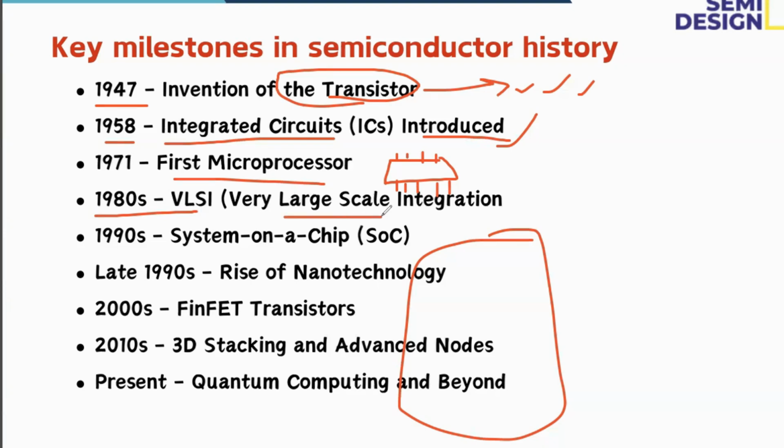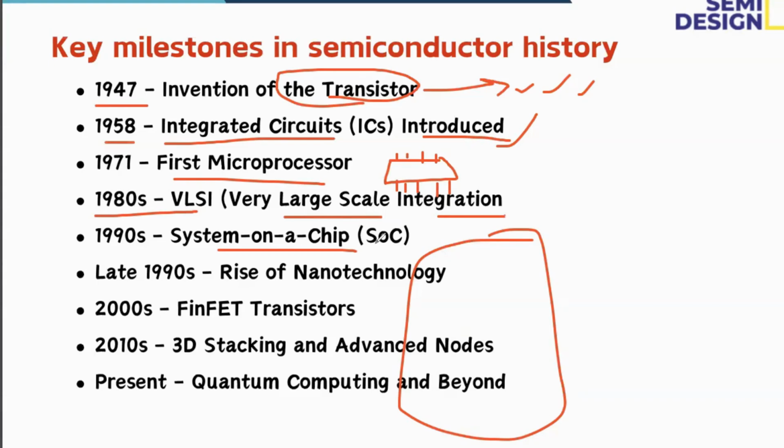From VLSI, we have moved to system on chip. What is the difference between VLSI and the system on chip, SoC? VLSI is an integrated circuit where we integrate different types of chips with each other. Suppose there is a CPU: the CPU is integrated to the memory module, the memory module is integrated with a graphic processing unit, and then with some RAM modules. Like that, we integrate one to one with each other.